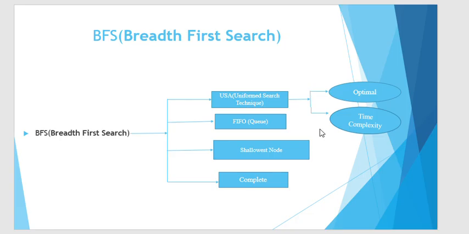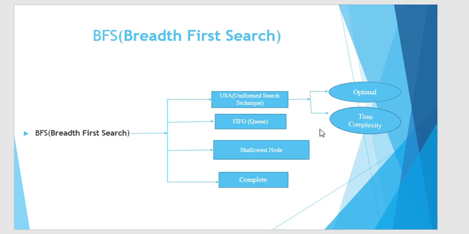And if all the edges we have have the same cost, that means it will give the shortest cost. And even if you give different costs, it will give the shortest path only. So it always gives the optimum result.